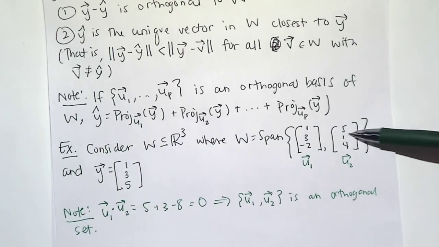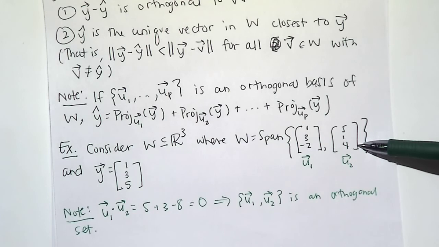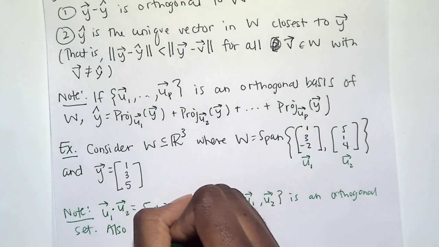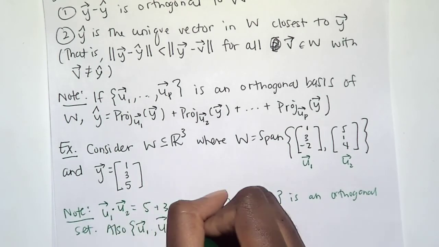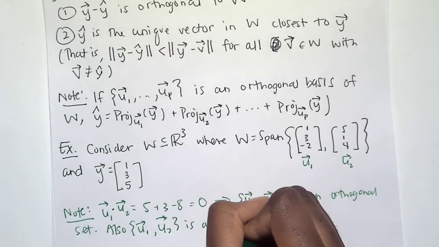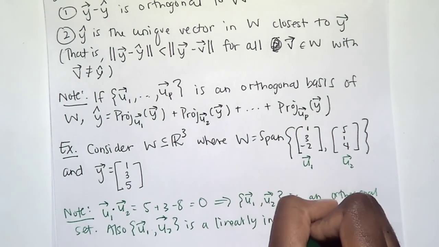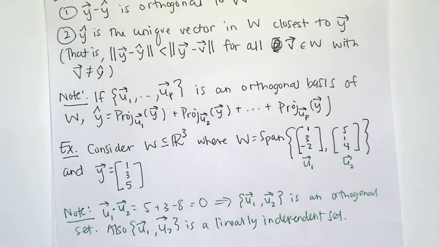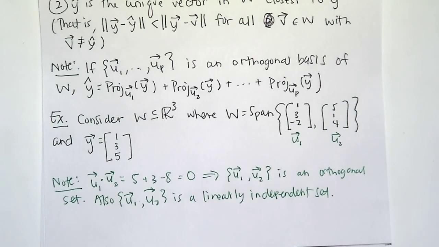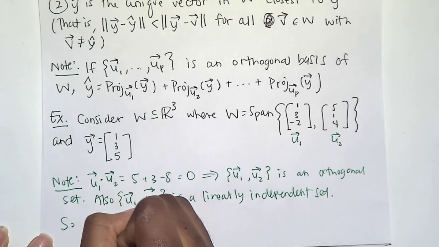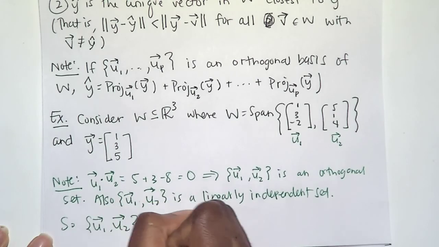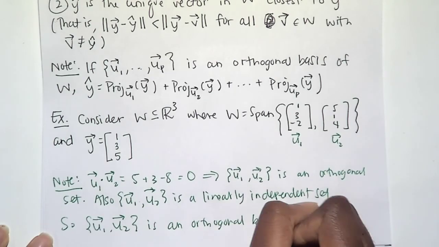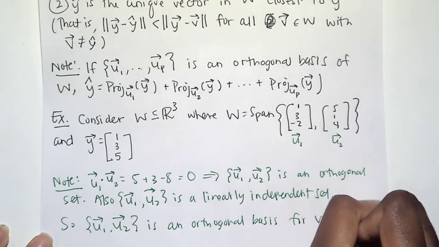Also, these are not linear combinations of each other, so they're linearly independent. And we're using these to create all of W, so it definitely spans. So this set, U1, U2, is an orthogonal basis for W.